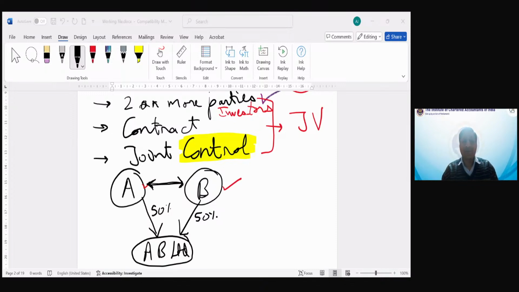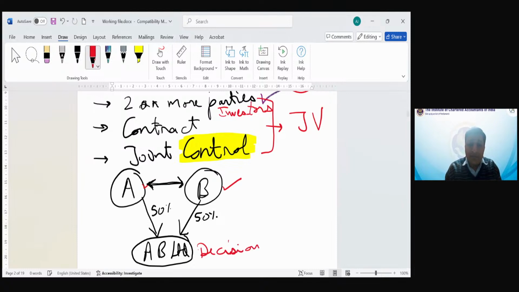But now this situation is different from that. So how is it different? Now there are two parties, A and B. And in this case, tomorrow, if any decision in relation to AB Limited is required to be taken, what is going to happen?